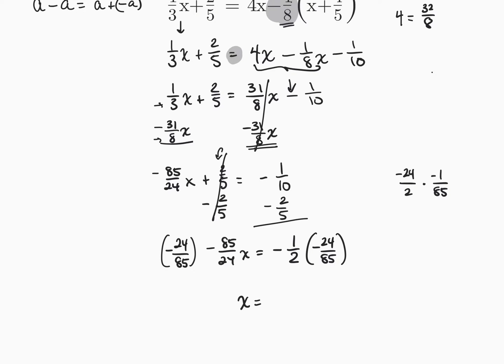So 24 over 2 reduces to negative 12 over 1 times negative 1 over 85. The work being done in my head is negative 12 times negative 1, which is 12, and 1 times 85 is 85. And right there, I look at it and go, okay, great, I am done. I do know that this doesn't reduce, since nothing goes into both 12 and 85, so I know it's done.